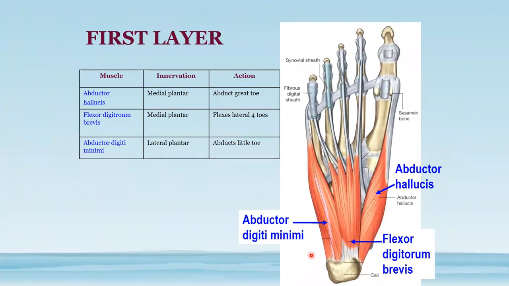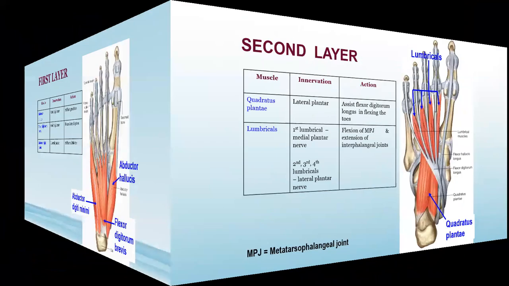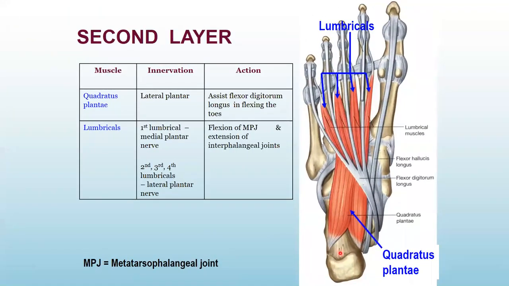Okay, the first layer dia ada tiga: abductor hallucis, flexor digitorum brevis, and abductor digiti minimi. Okay. For the second layer, it has lumbricals. The lumbricals ni adalah lumbricals and quadratus plantae.